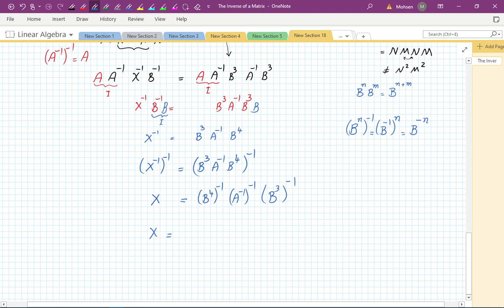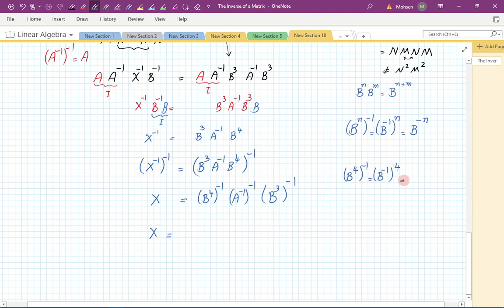So far we didn't have such a thing, but now we are creating that symbol. From high school algebra, we have it here as well. We can condense all of these things. So if I have b to the 4 to power of minus 1, which is the inverse of b to the 4, it is the same as the inverse to power of 4. This has to be established actually.